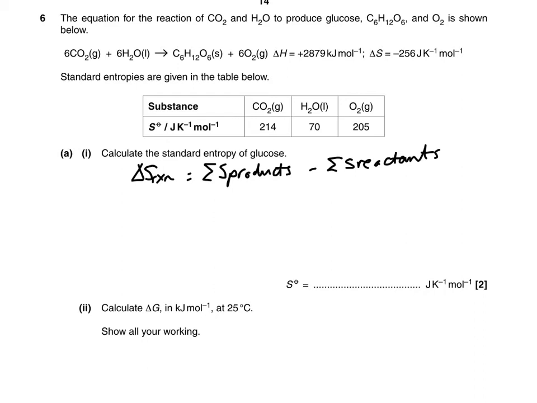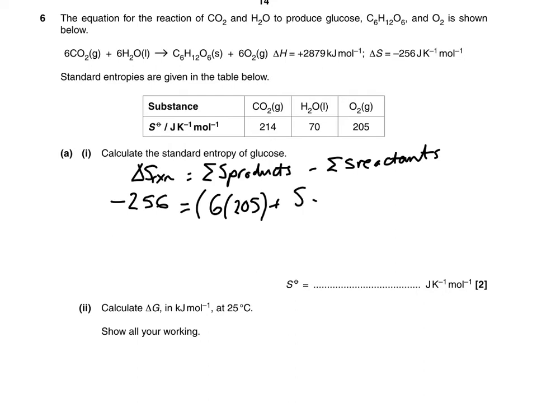Okay, so I'm going to put in the numbers of the ones that we do know. We know that the enthalpy change is -256. The entropy of the products is 6 oxygens and 1 glucose, which is the one we don't know.